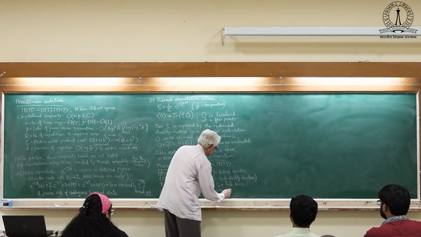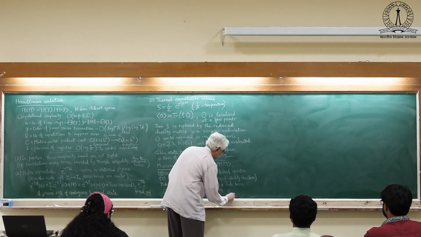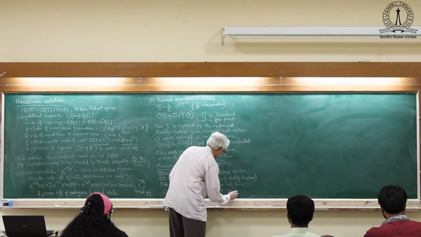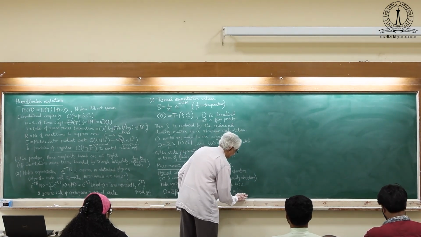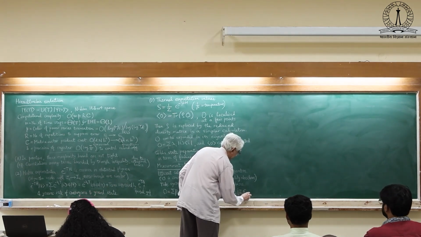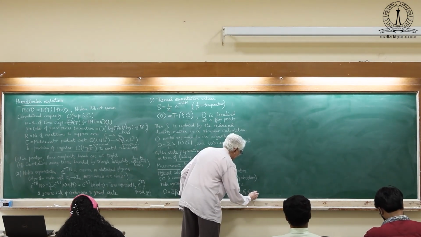So sigma mu is the 4 Pauli matrices, including identity.